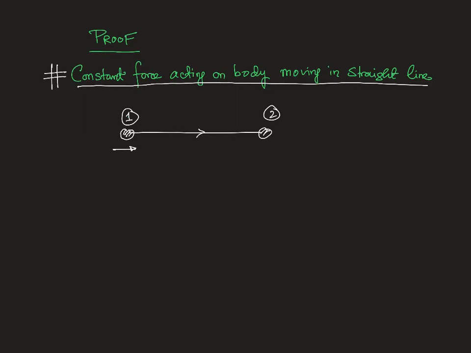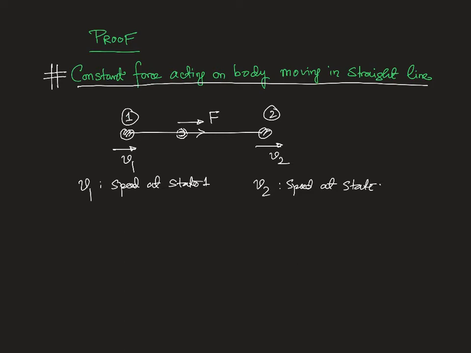Say at state 1 the velocity is v1, at state 2 the velocity is v2, and the force acting on the body is F. If a is the acceleration, then obviously F equals ma.